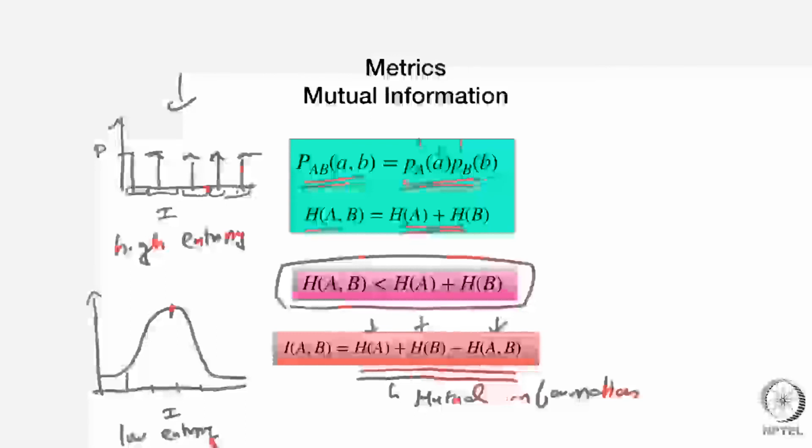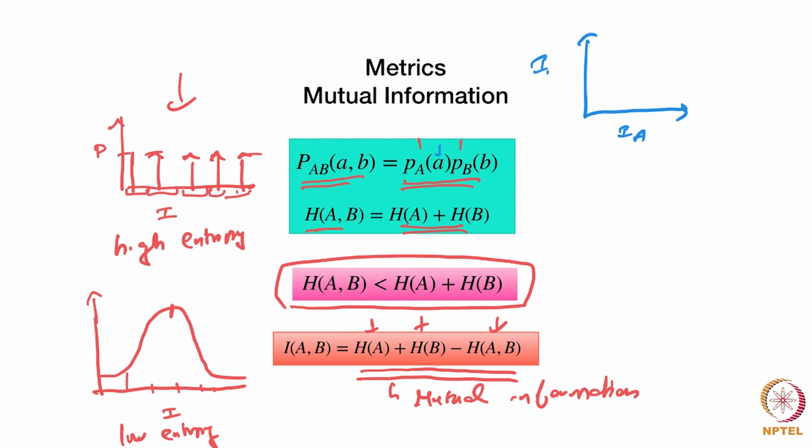As far as the joint histogram is concerned, you have two axes. It's a 2D histogram, with intensity values from A along one axis and intensity values from B along the other. Then you look at a histogram of these pairs of values occurring. We count the number of times a pair of values occur together divided by the total number of pixels.